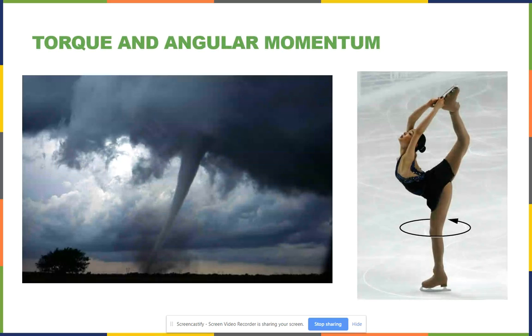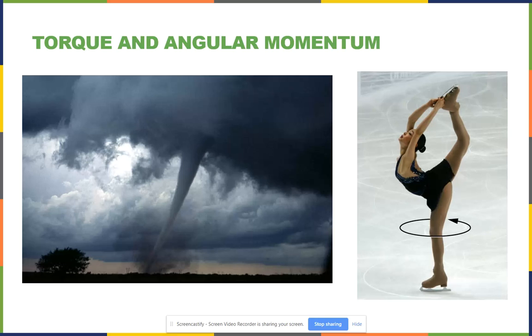So let's get going. Start with torque and angular momentum. Angular momentum is the propensity to, well, maybe I should back up a step. We learned Newton's second law, Newton's first law. Newton's first law is called the law of inertia sometimes because it defines that things have a natural tendency to keep going at a constant velocity unless something acts on them.